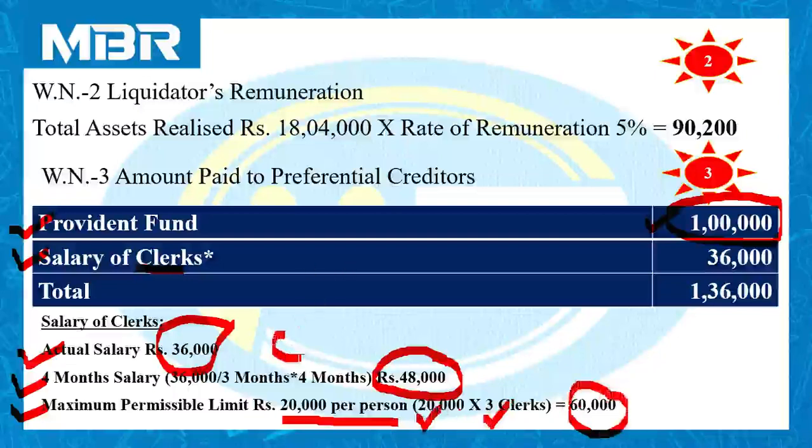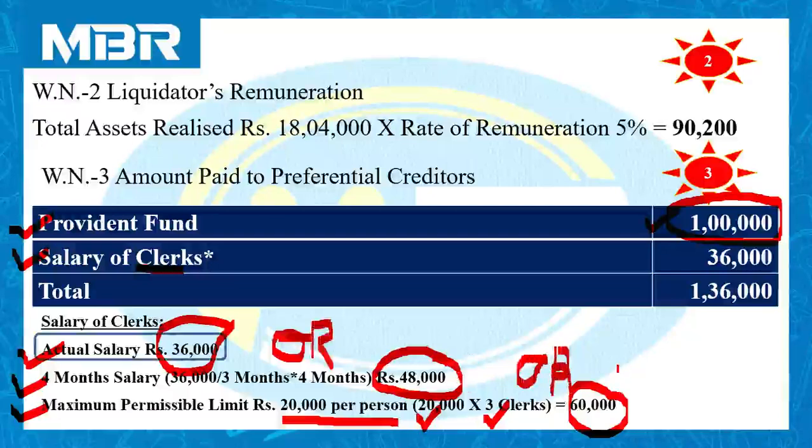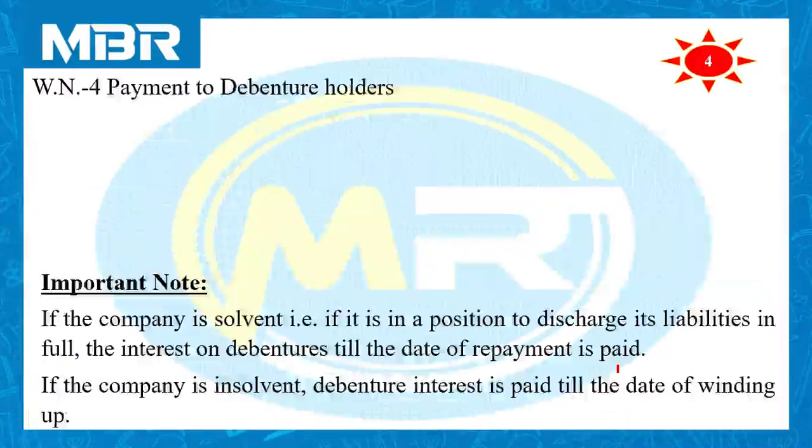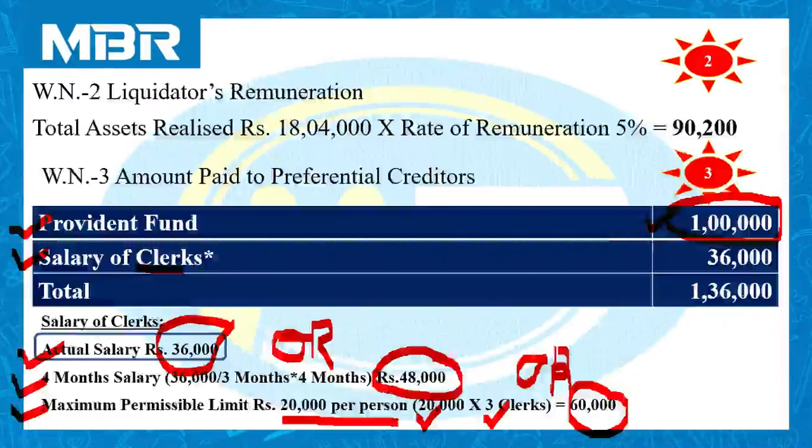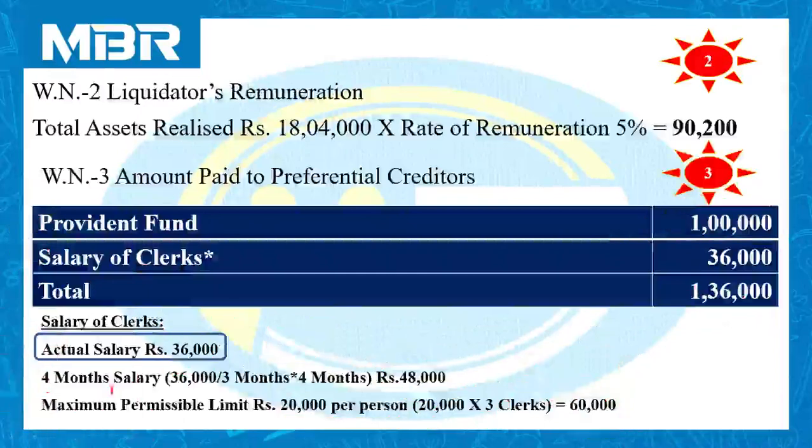We need to select either 36,000 or 48,000 or 60,000. And as per the rule, we need to incorporate the minimum amount out of these three. So at this point of calculation, you need to select the minimum amount out of these three: 36,000, 48,000 and 60,000.